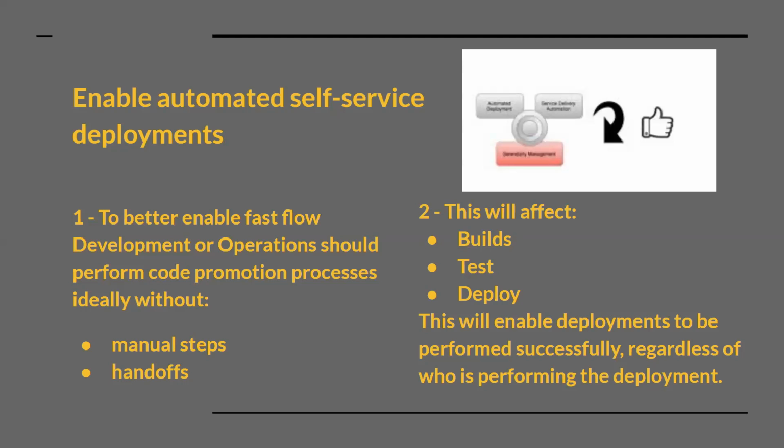And then we have the tests. Here, anyone can run automated test suites on their workstations or on our test system. Then we have deploy. Anyone can deploy packages to any environment that they have access to. And these steps allow deployments to be completed successfully.